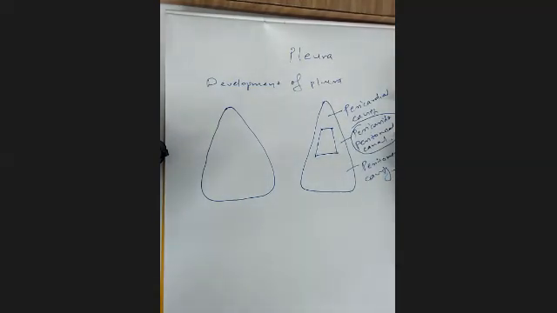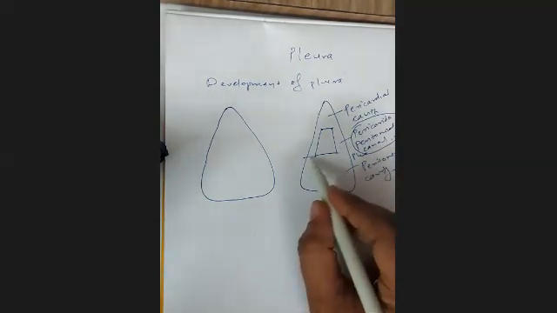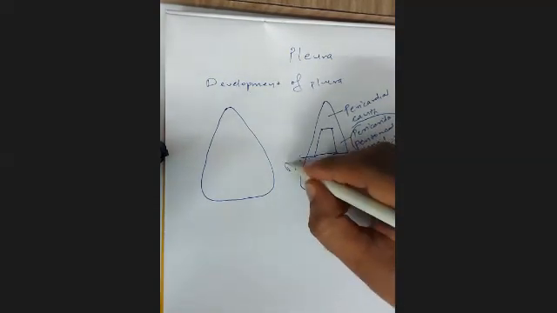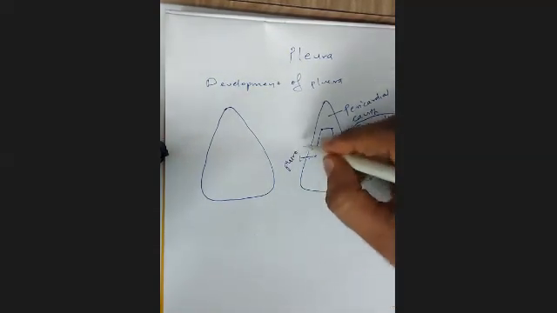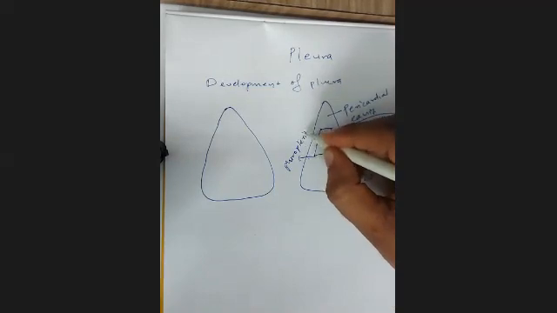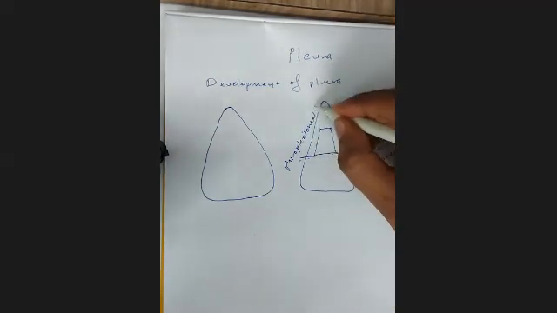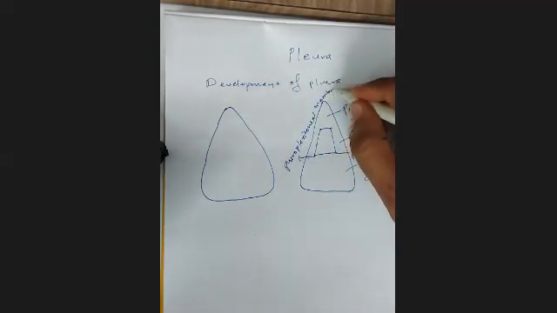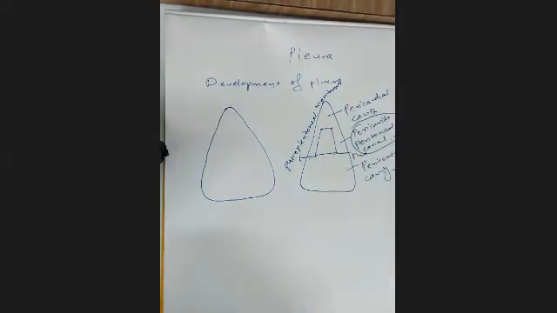This connection afterwards gets cut off by pleuroperitoneal membranes, which contribute to the formation of the diaphragm.